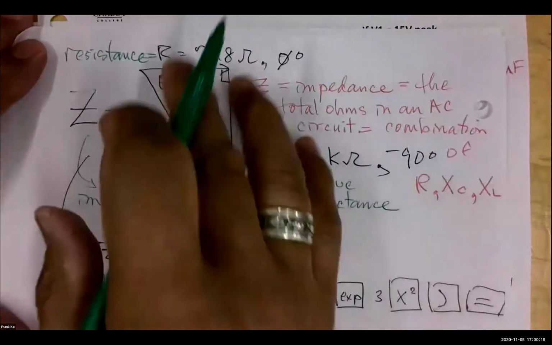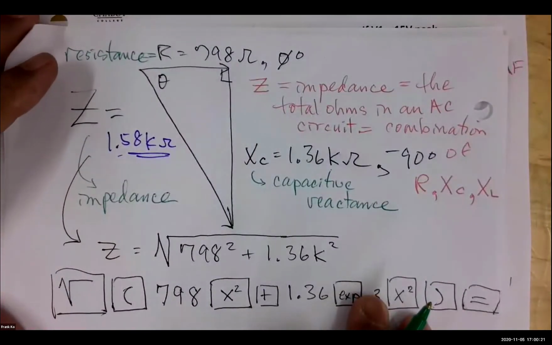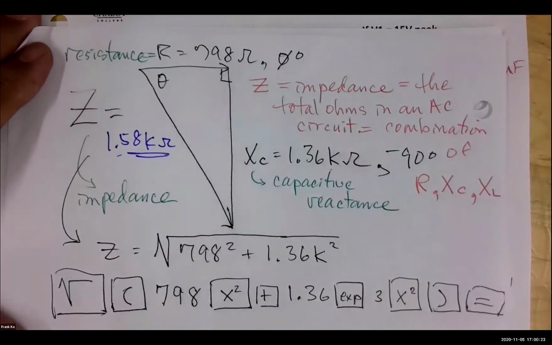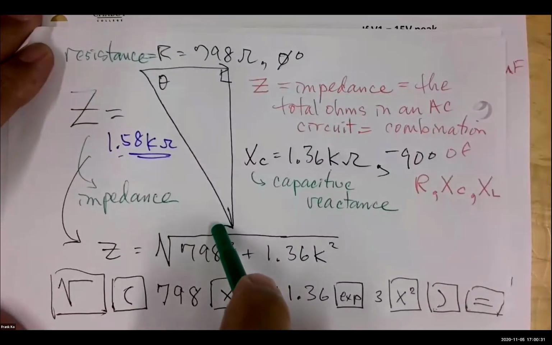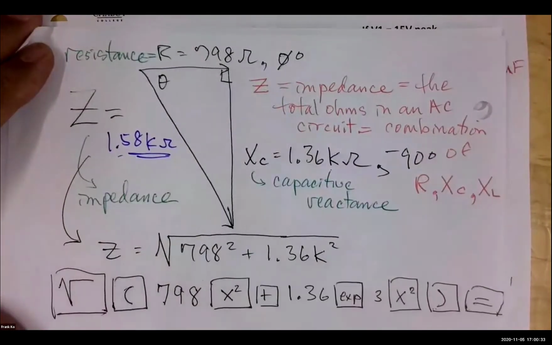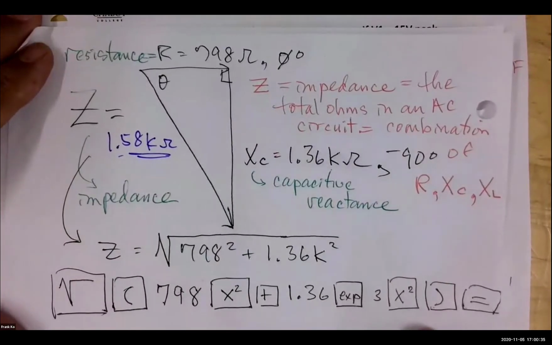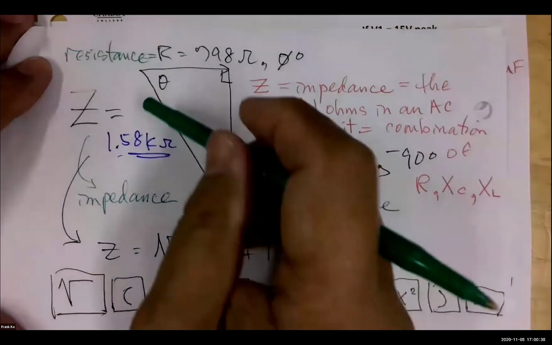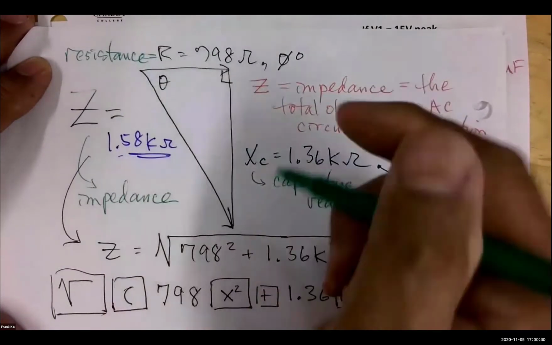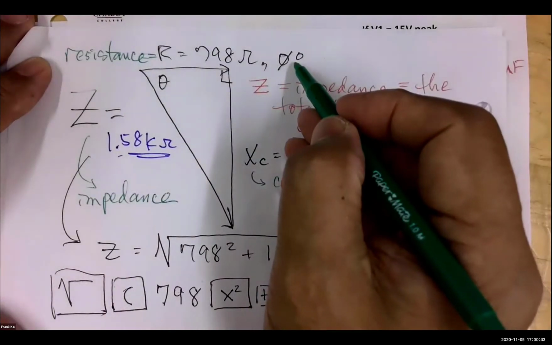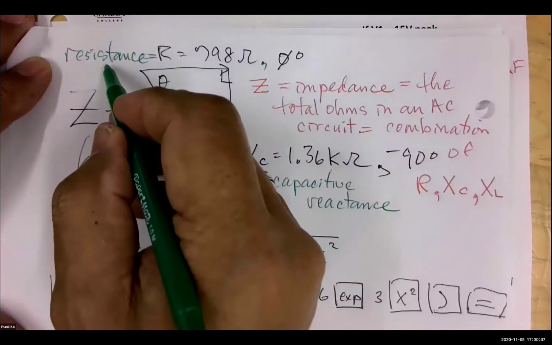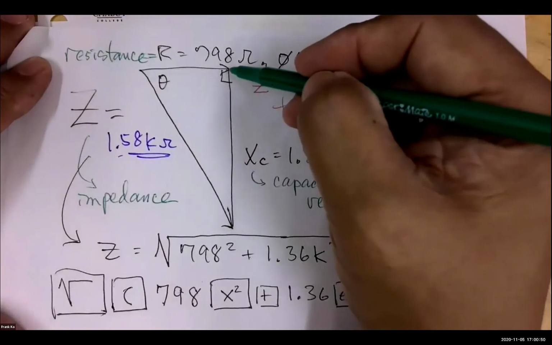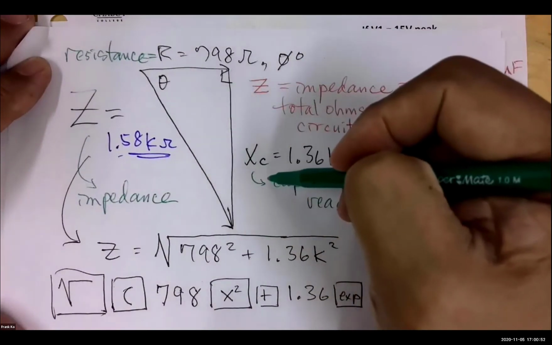These numbers follow all the same rules of math that you've been playing with for Pythagorean theorem and SOH CAH TOA. We'll get to SOH CAH TOA in a moment, but certainly for Pythagorean theorem, calculating the hypotenuse of a right triangle, boom, it's right there. You've done this, and we've just done it again. But keep in mind, the R phasor, the resistance phasor, is always pointing at how many degrees? 0 degrees. And we call this phasor what? Resistance. We have another phasor, in this case, pointing down. X sub C points down.